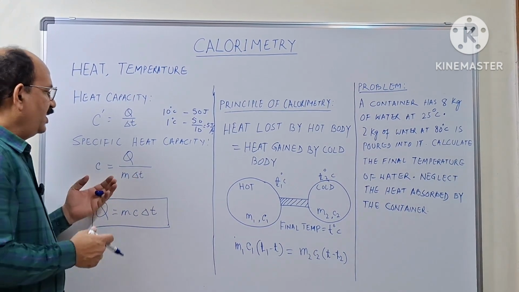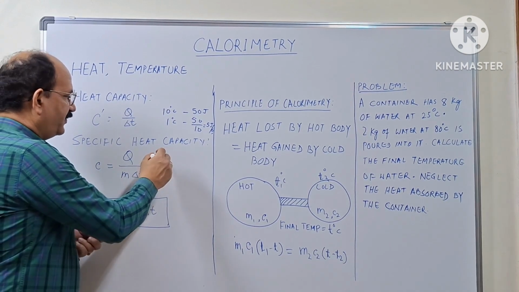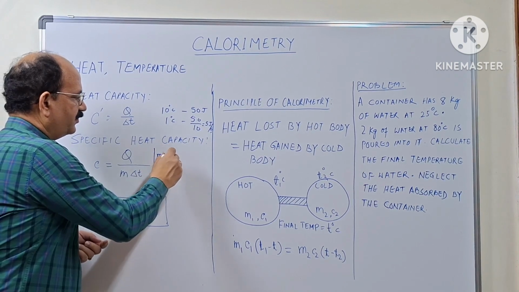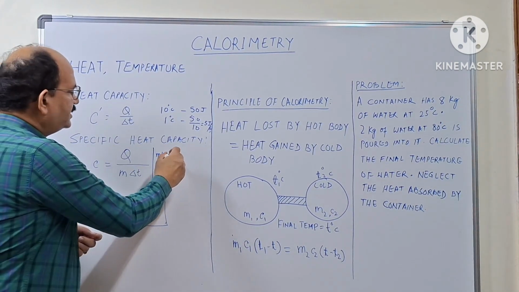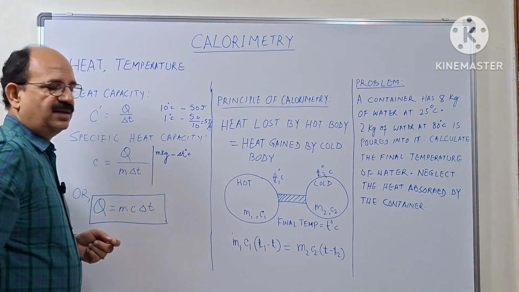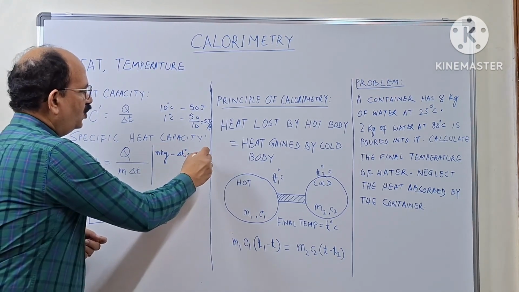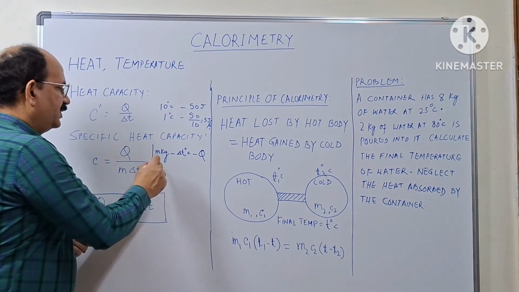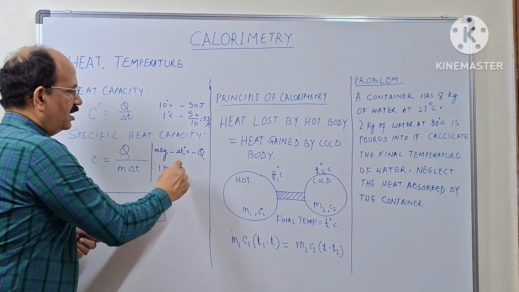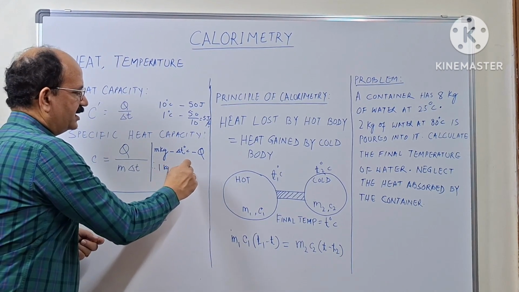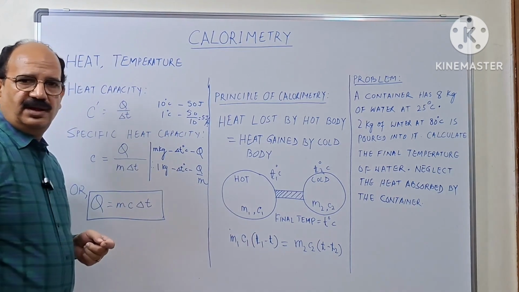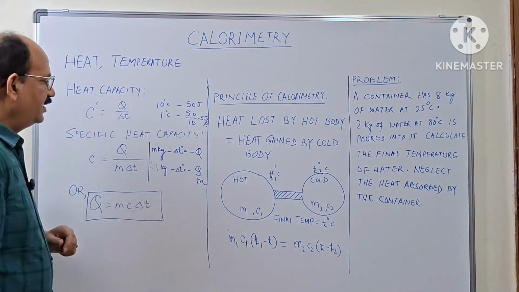In other words, you can say that if the body is of m kg mass and I want a temperature change by delta T degrees Celsius, and for that I require Q amount of heat, then for 1 kg of mass I need the same delta T degrees Celsius, I need Q upon m heat by unitary method.